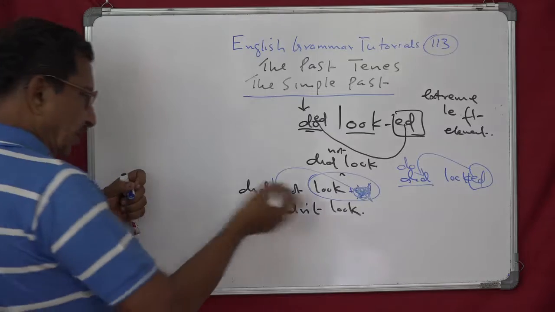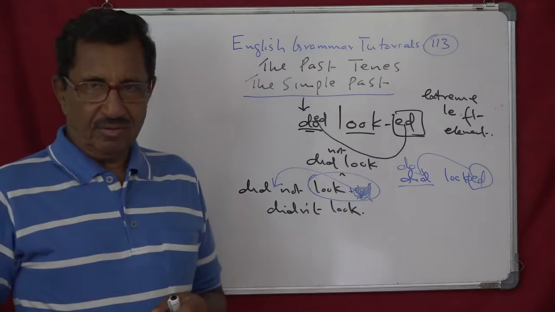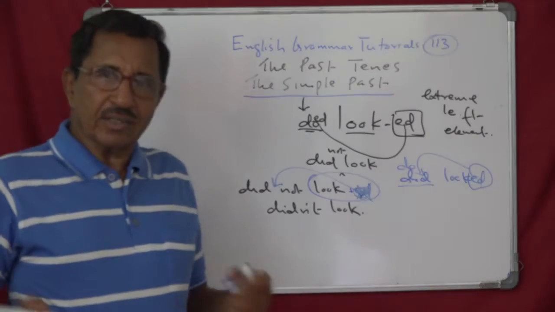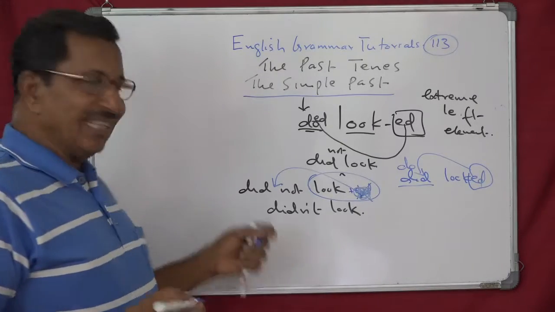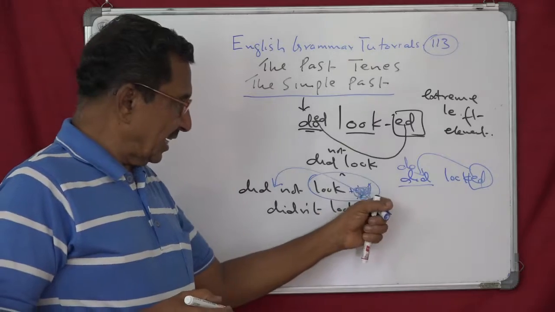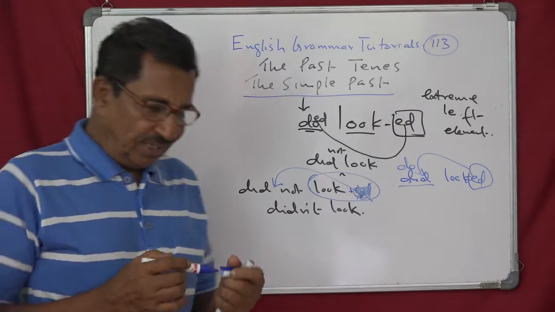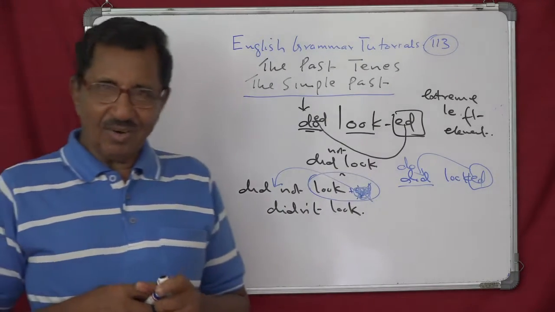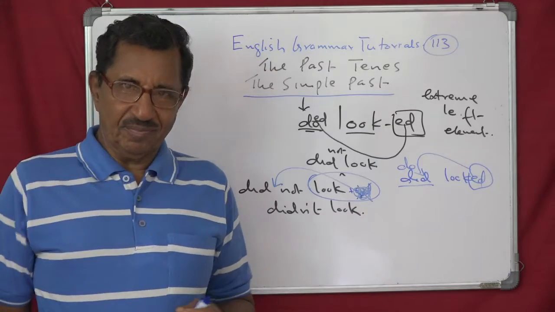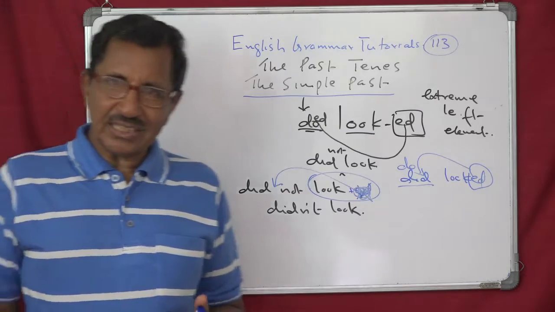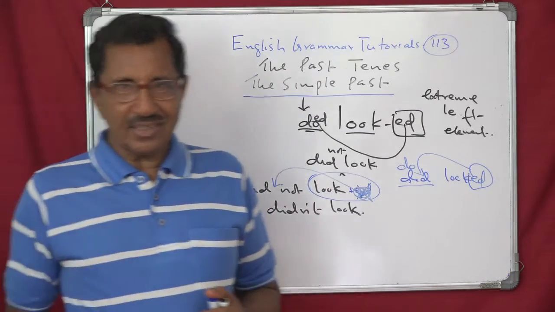So that's how it becomes did not look. Otherwise, do not looked, there is no such form, not allowed. So you have to make this did, by taking ed from here. So please do not say did not looked. Say did not look.